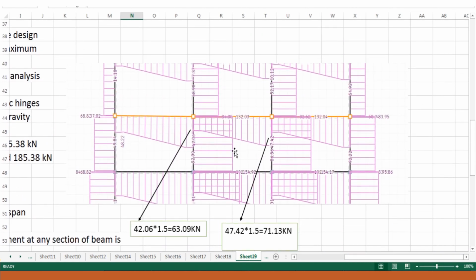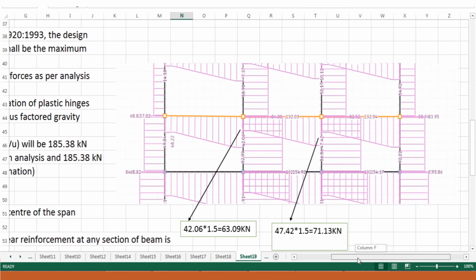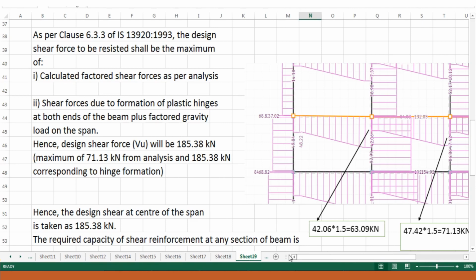In the other part of the lecture, what we obtained was 42.06 into 1.5 factored, it's 63.09 at end B of the beam. At end C of the beam BC, it's 47.42 into 1.5, 71.13. So the larger one is 71.13 here.